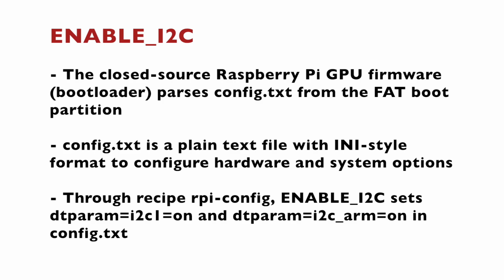By setting the ENABLE_I2C variable to 1, as we did in the previous step in the video, the rpi-config recipe, that is part of the meta-raspberrypi BSP layer, adds a couple of lines to config.txt. This is something very specific for Raspberry Pi, and as a result, the I2C bus will be enabled.